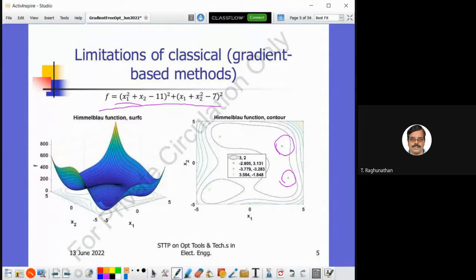Another minimum is minus 3 something, that is here I think. Then plus 3, then minus 1. So plus 3, minus 1 must be somewhere here, I think. I am not very sure.